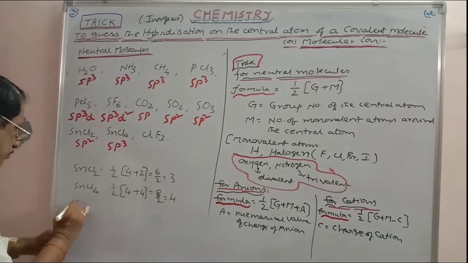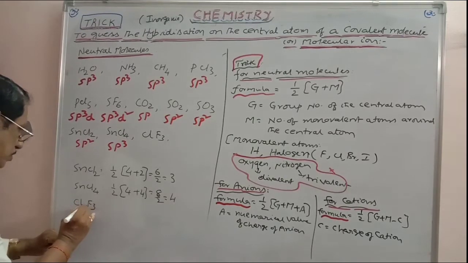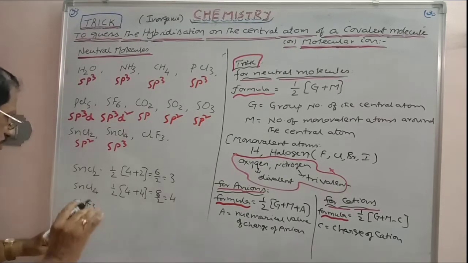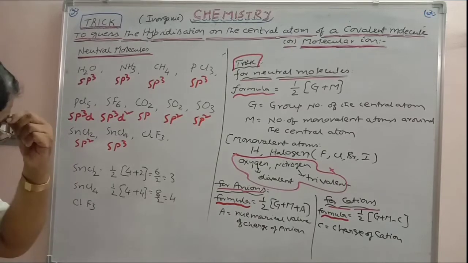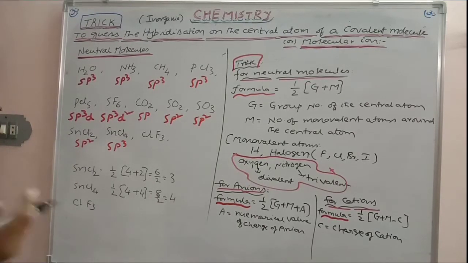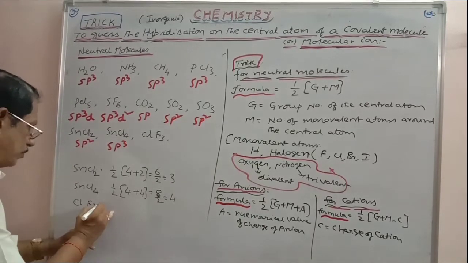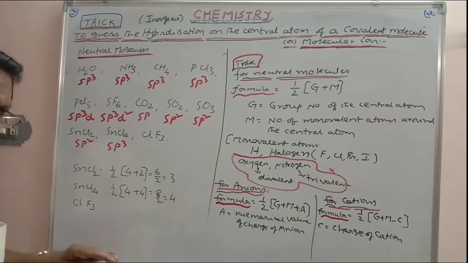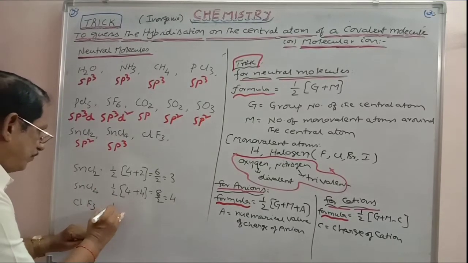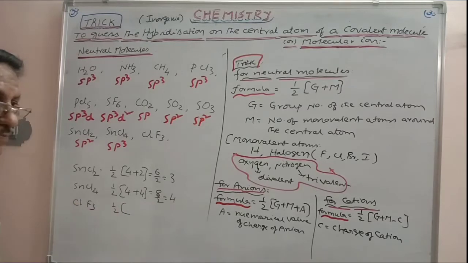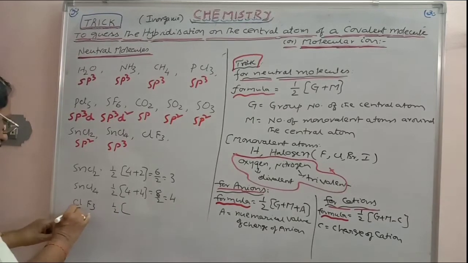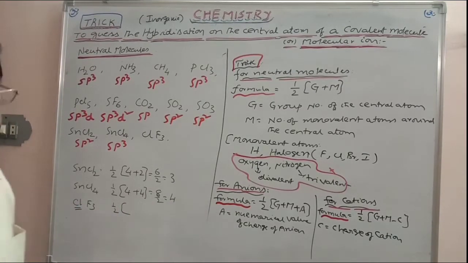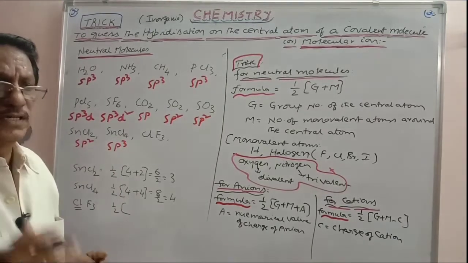Similarly, you can take ClF3. This is a more interesting example, of course. Later we will study the full structure of ClF3. It is an exceptional case once again, very important from the examination point of view also. But we consider only hybridization at this stage. Half into, what is the central atom here? Cl is the central atom. Surrounding atoms are also halogens. But the central atom is a halogen also.